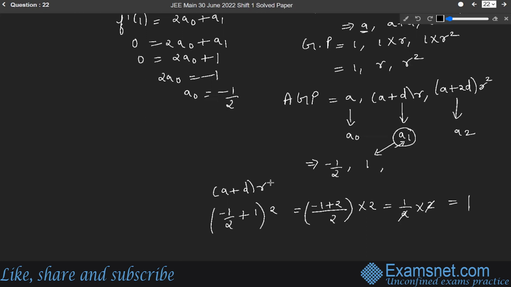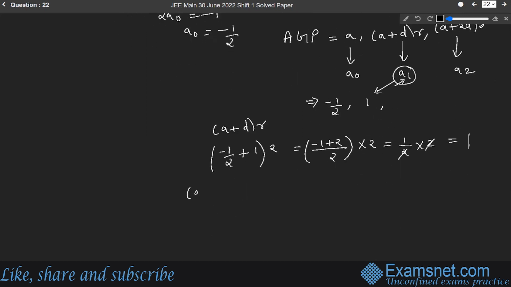In a similar way, we have to find (a plus 2d) into r square. What is a? a is again a0. The value of a0 is minus 1 by 2, plus 2 into d. The value of d is 1, into r square. What is r? r is 2, so r square will be 2 square. So this will be equal to minus 1 by 2 plus 2 into 1, which is 2, multiplied by 2 square, which is 4.